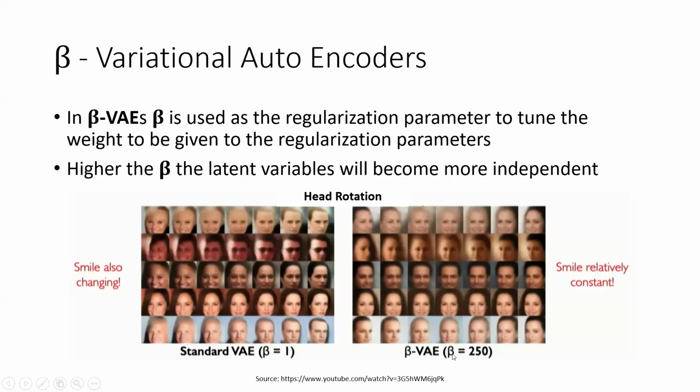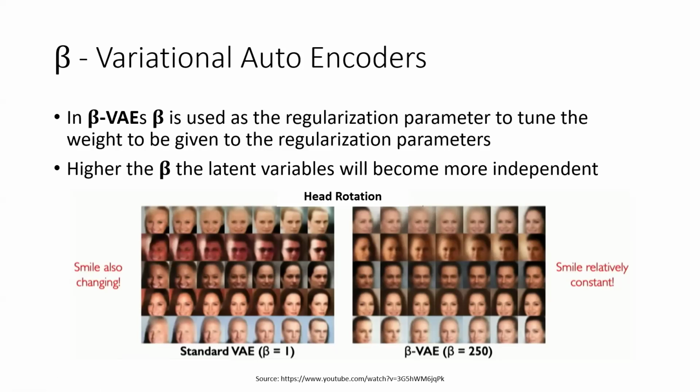But when you increase the beta to a higher value like 250, you can see even if your face pose is changed, the smile is not getting changed, because the correlation between the head rotation and the smile has reduced when the beta value got increased, right?